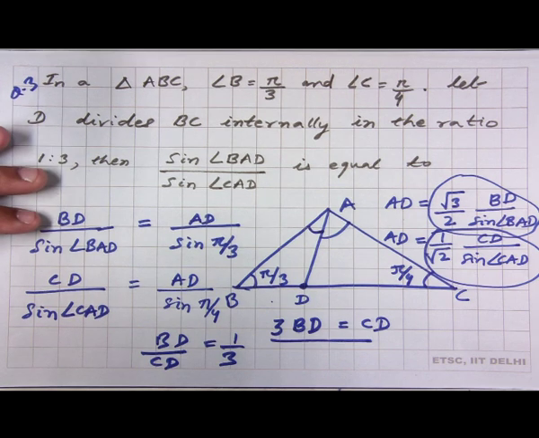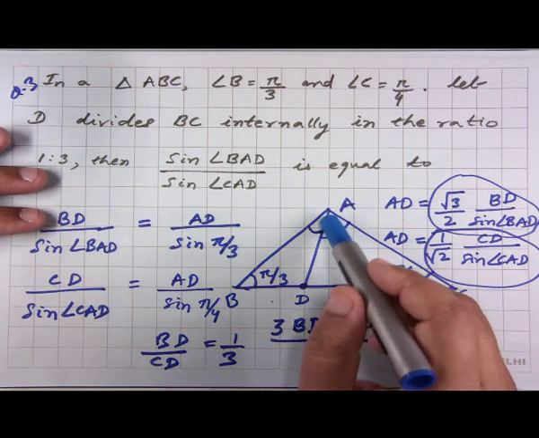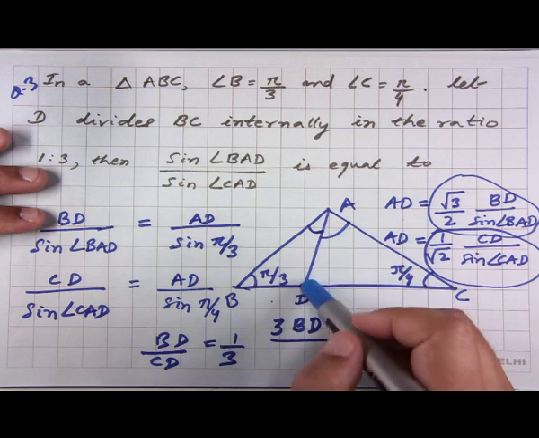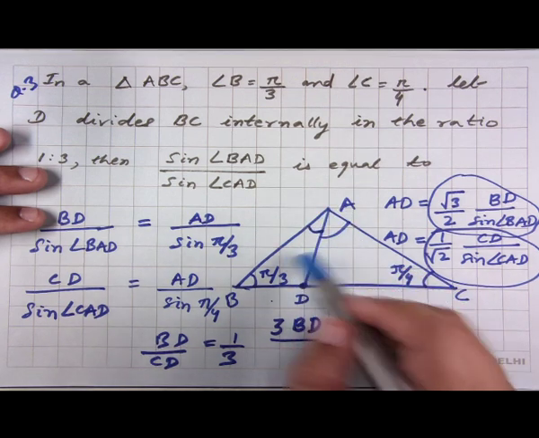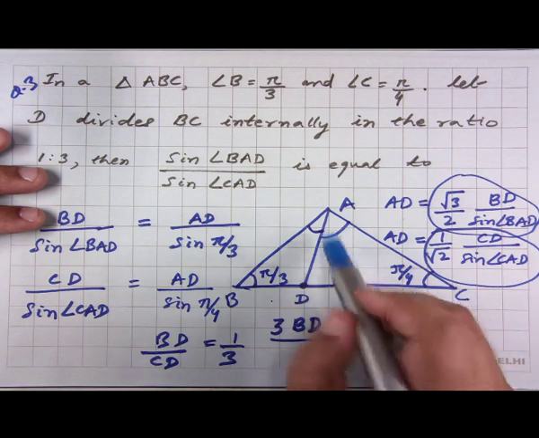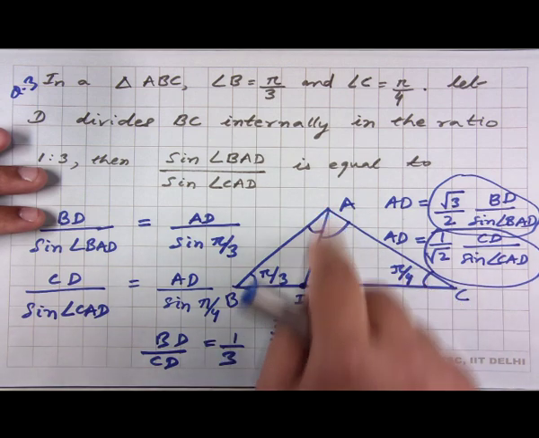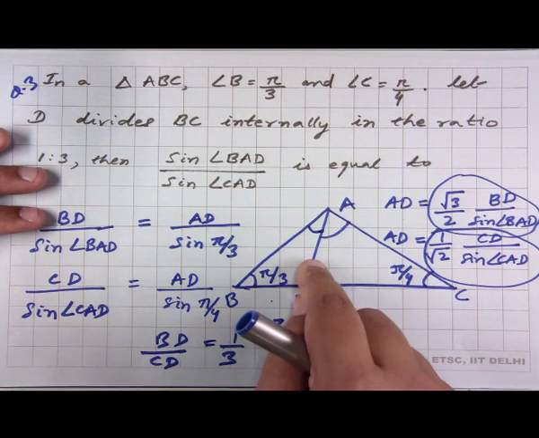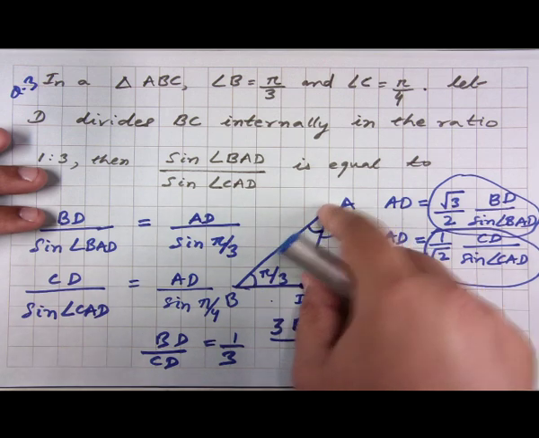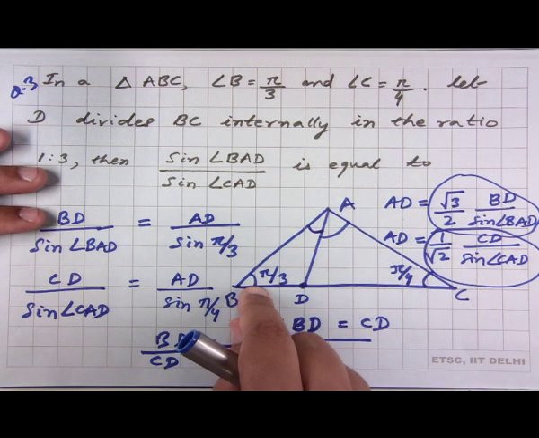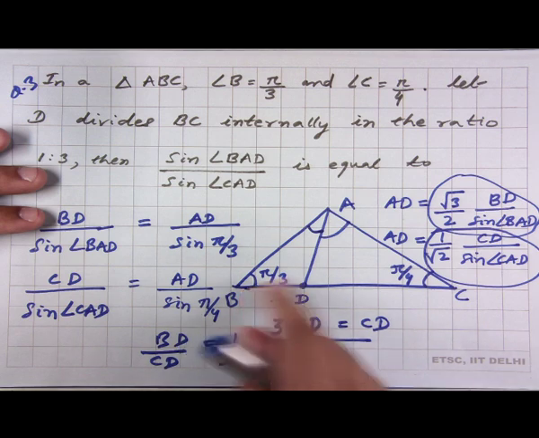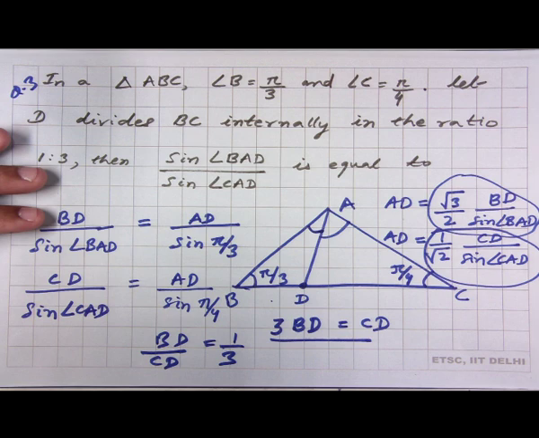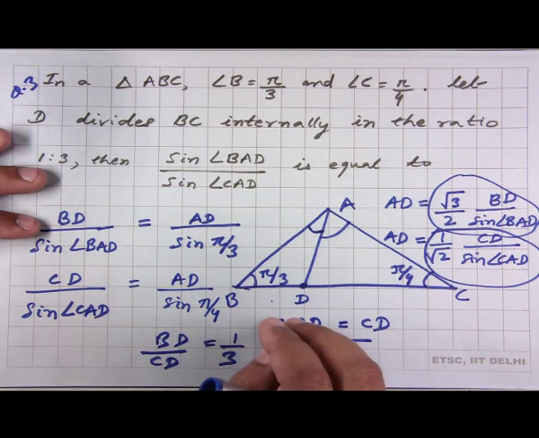And then what we also saw was that this side AD is common to both the triangles, and also that the value of the angle opposite to the side AD is also known, and therefore, it is possible to take the ratio of AD to the sine of the angle opposite to it, and that is what has to be computed in the sine law. So, that was what helped us to solve this problem.